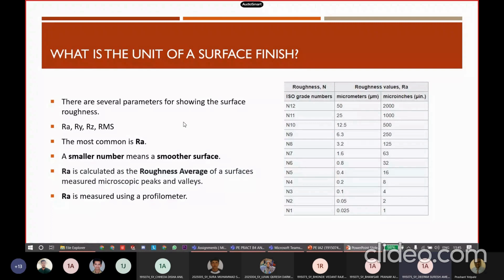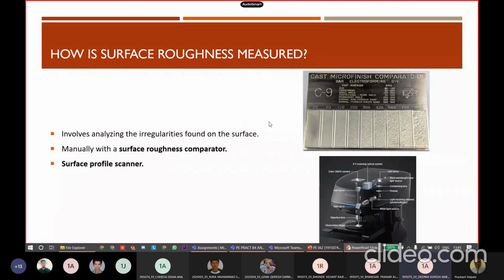The value of RA can be found by measuring devices and measuring practices. The most common one is the manually done surface roughness comparator. It's a simple method of estimating surface finishes. This handheld gauge contains small samples of a range of finishes, as you can see in this picture.